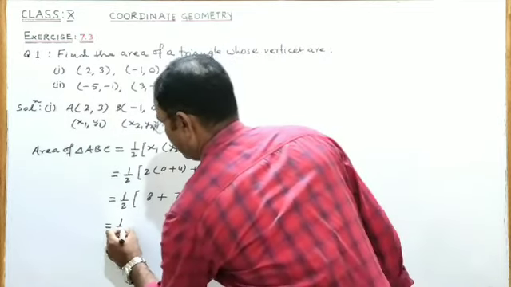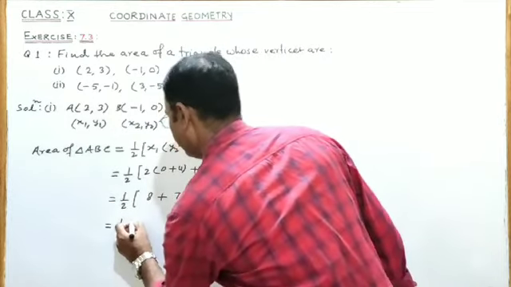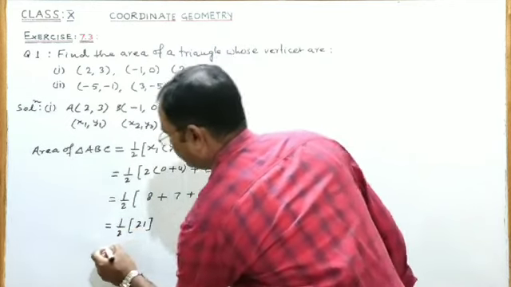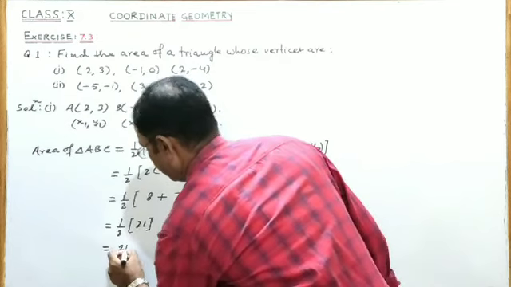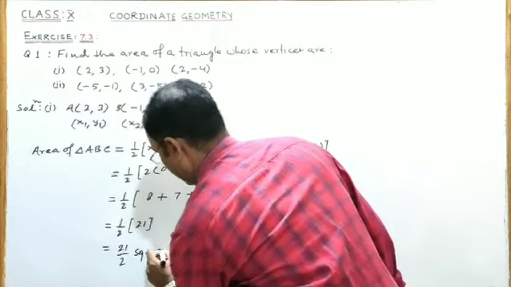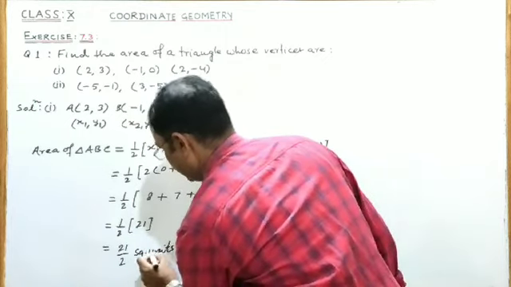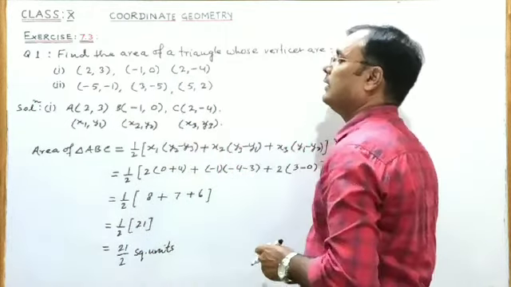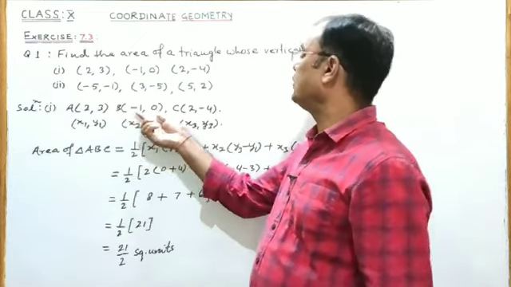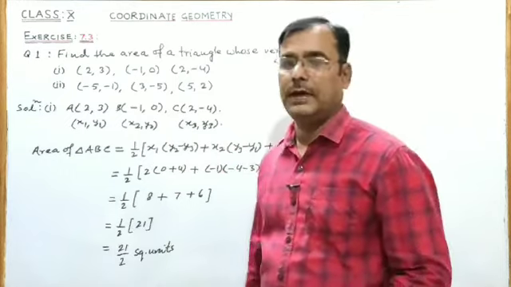This is equal to 1 by 2 into 21. So 21 by 2 square units is area of this triangle whose three vertices are 2, 3, minus 1, 0 and 2, minus 4.